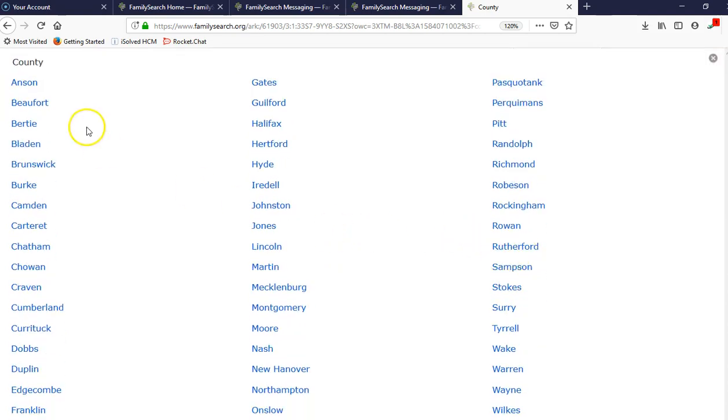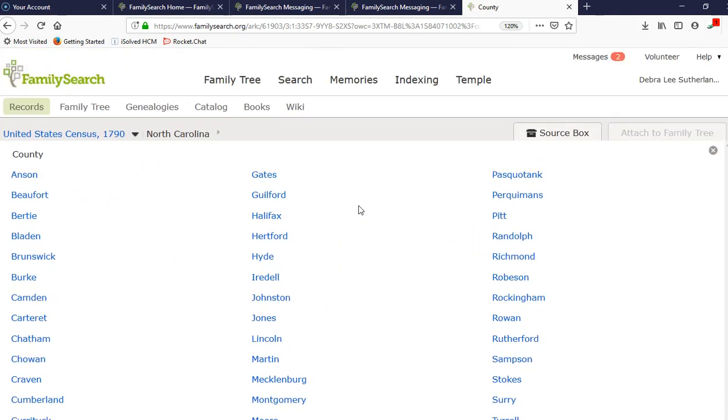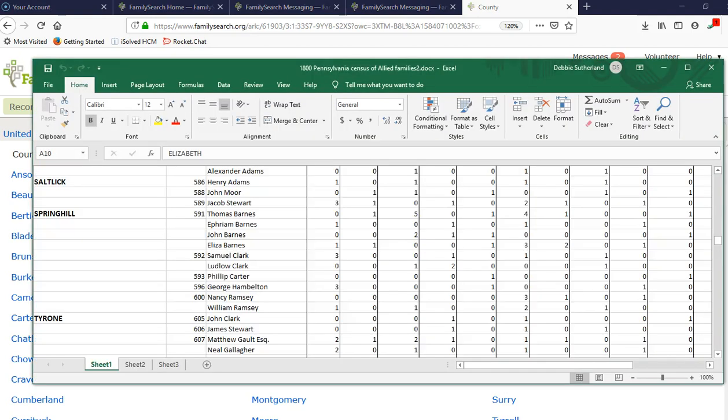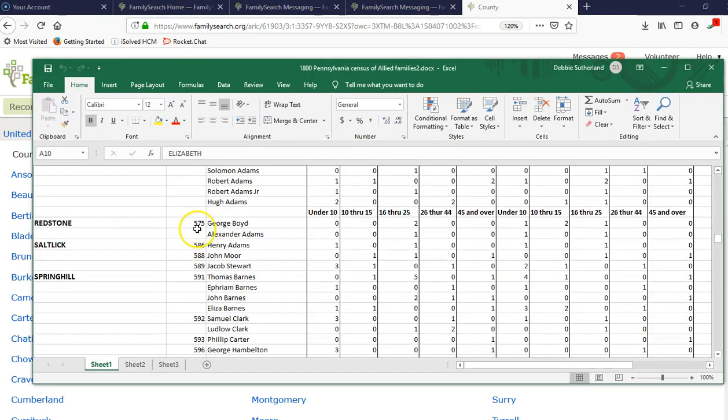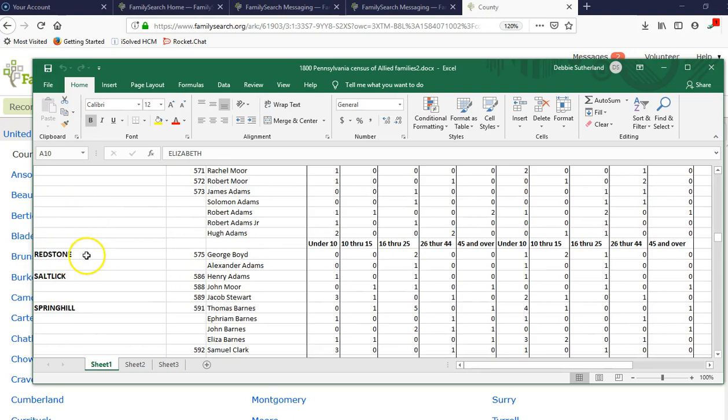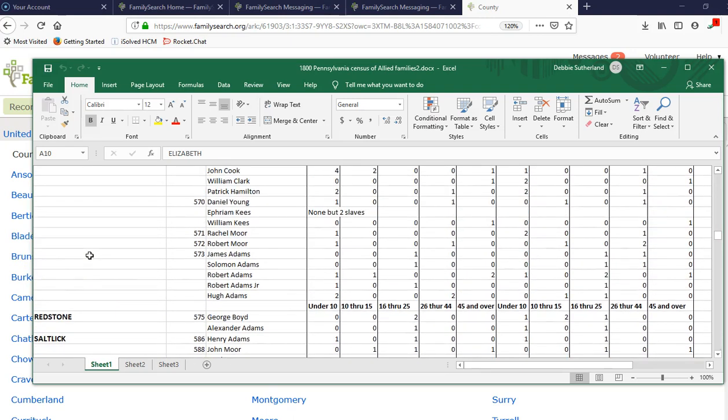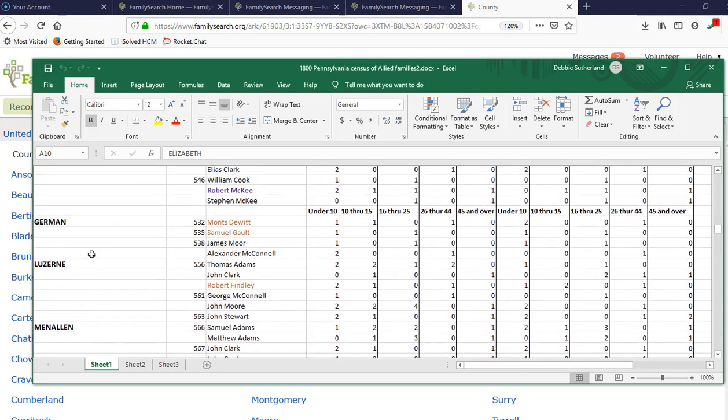As you saw in my spreadsheet, I went through all the different counties in Pennsylvania that I thought these people would be in, and all the different towns within those counties.